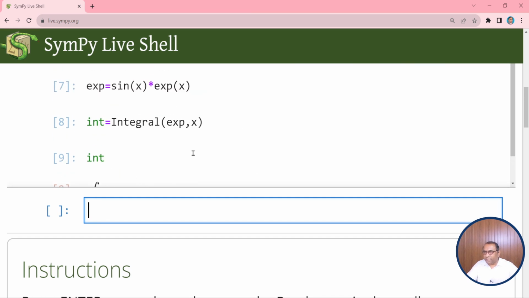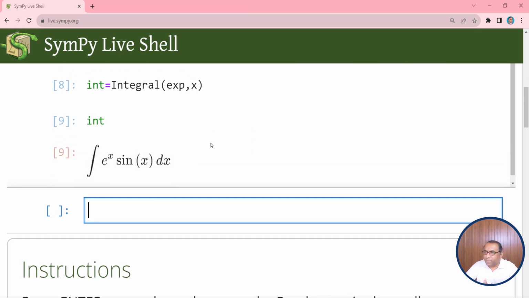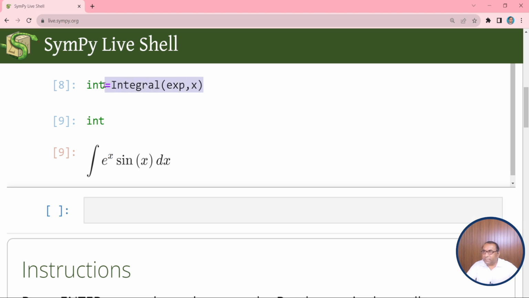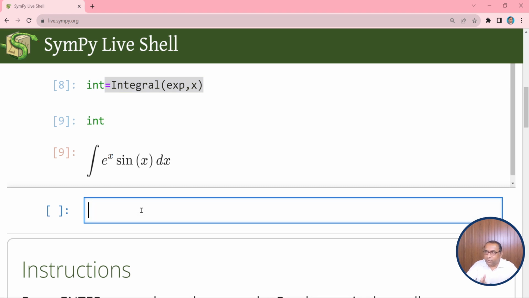This is the same as we do for the derivative. This will convert the expression into the symbolic form. So this is the syntax in Python, and when you enter, this will print in the symbolic form. So when you print in the symbolic form, you will use Integral.